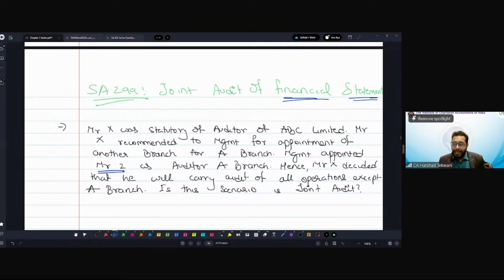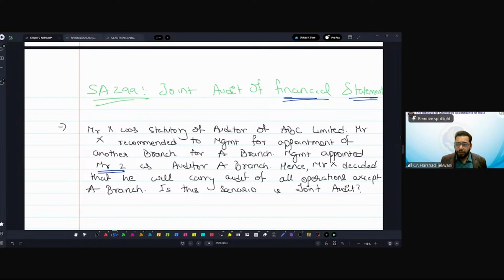That is joint audit, not the branch auditor, subsidiary auditor or joint venture auditor kind of thing. That is a different relationship which is out of the purview of SA 299. Clear?